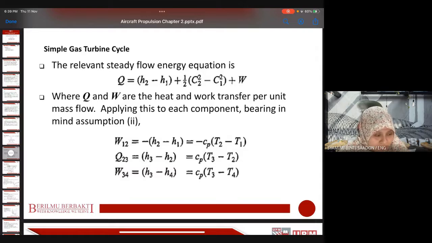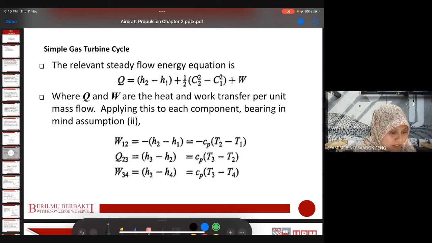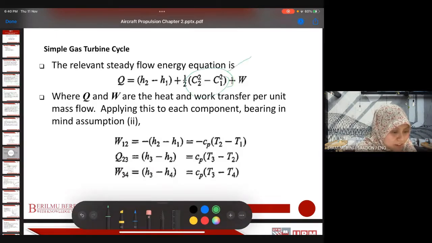Q is the heat. H is the enthalpy, in joules per kilogram, so it is the amount of energy. The second term, with C, is kinetic energy.